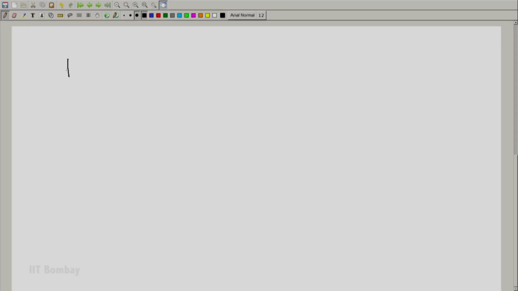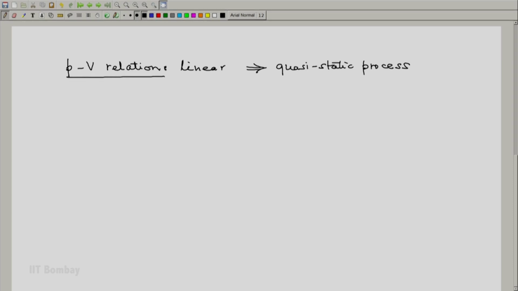The next thing is to note that the pressure volume relation is indicated to be linear. That means the locus is known, and that is an indication that the process is a quasi-static process. Not just because it is linear, but because there is a neat relationship provided, and because it is a quasi-static process, the expansion work can be evaluated as integral 1 to 2 p dv.